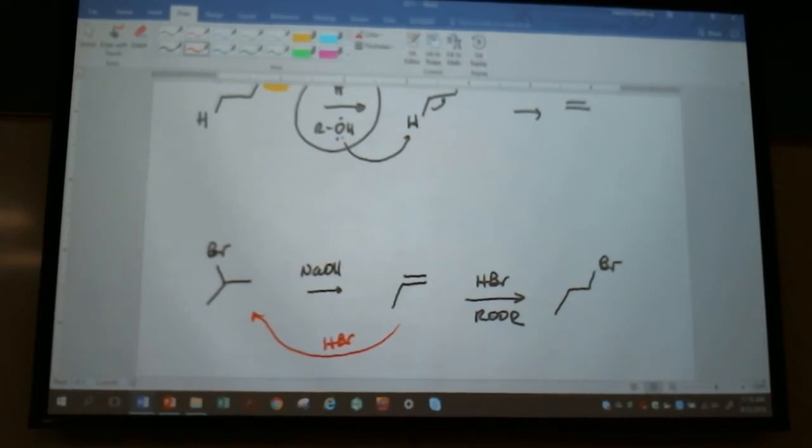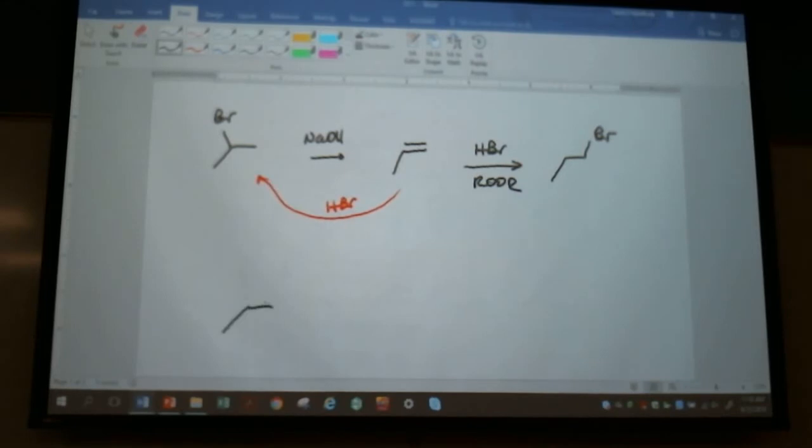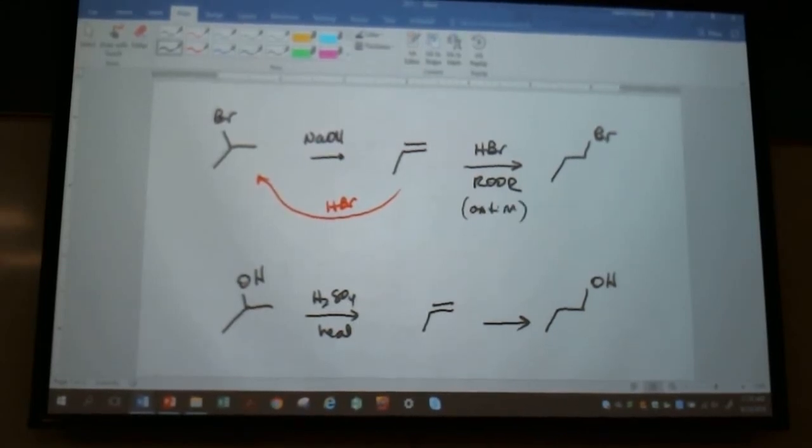And of course, the same would be true with an alcohol, right? If I started with this, and I wanted this, I would still need to eliminate. And of course, now it would be under acidic conditions, right? So sulfuric acid, heat it, eliminate, and then add the OH anti-Markovnikov, which in this case would involve a hydroboration oxidation, right?